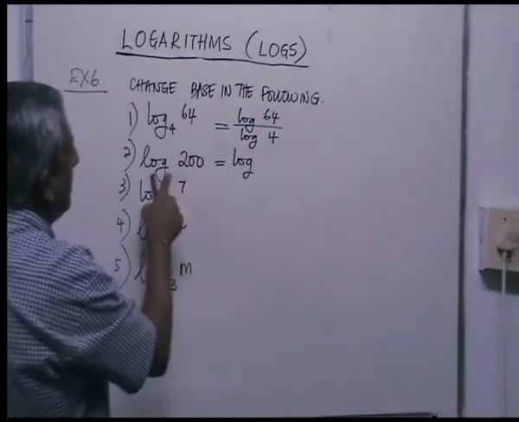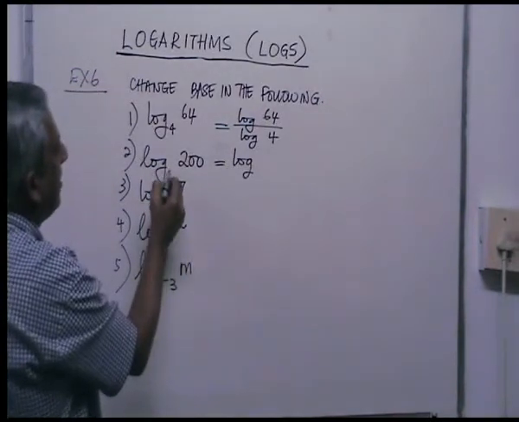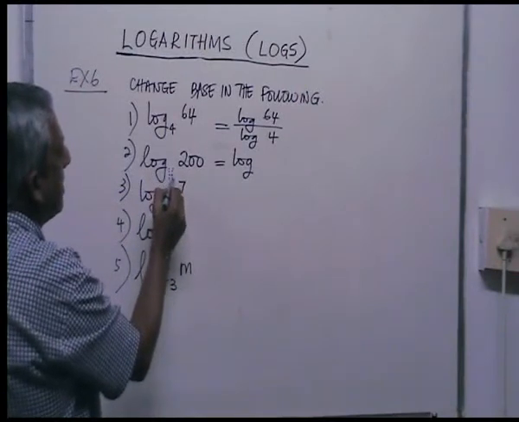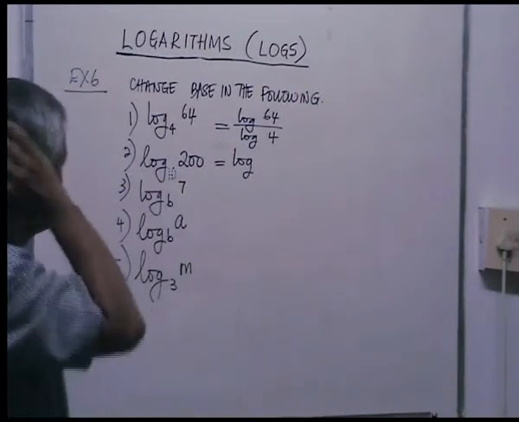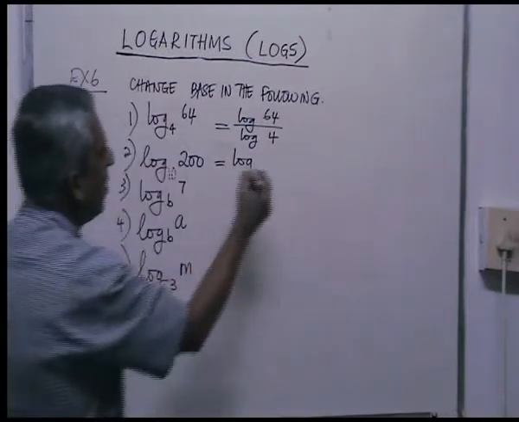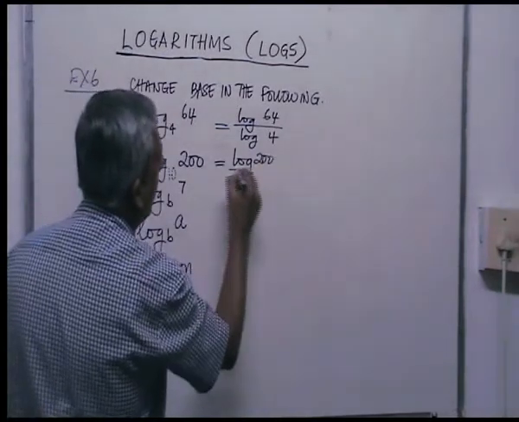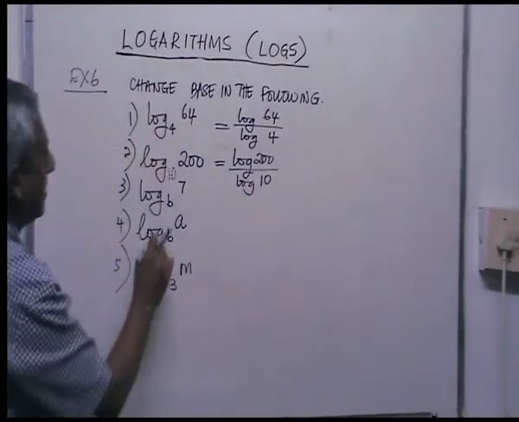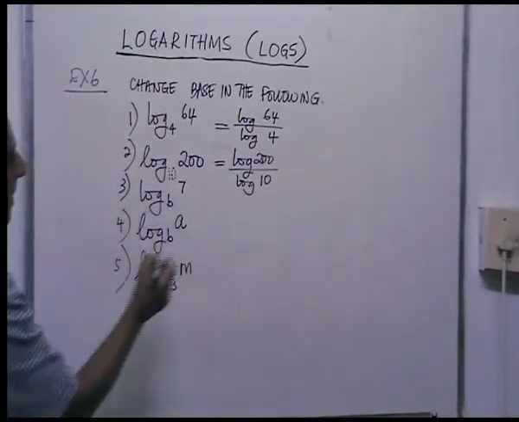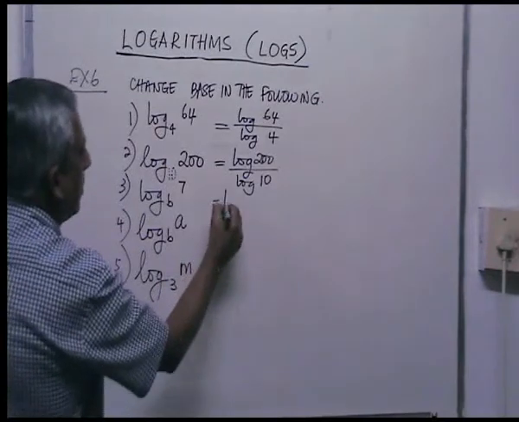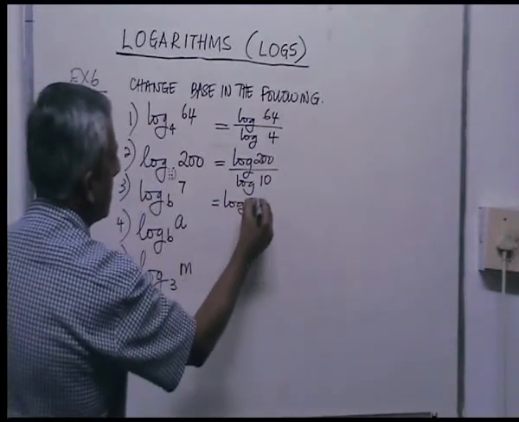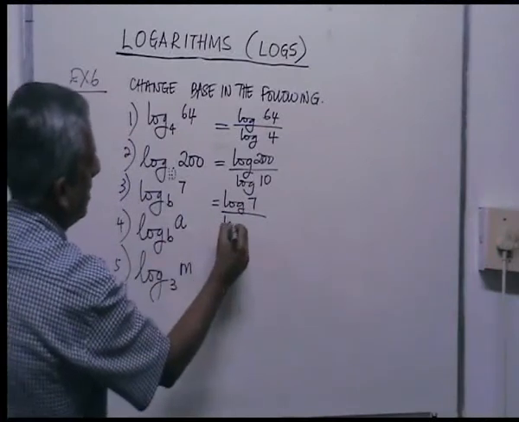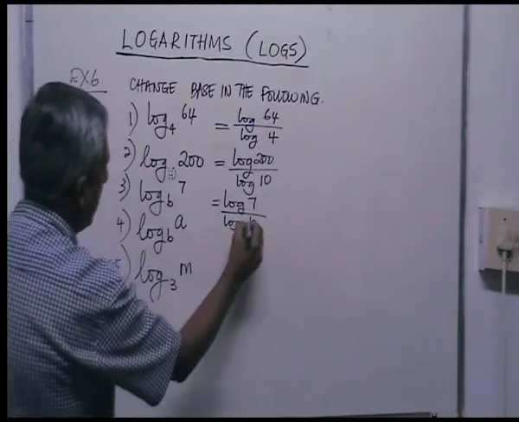Log 200. We can't see the base. Obviously the base is understood to be 10. It's not written, but it's understood. So it will be log 200 all over log 10. Number 3 would be log 7 all over log b.